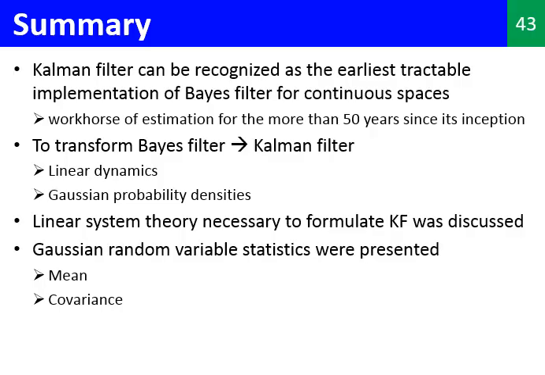So we studied linear system theory necessary to formulate the Kalman filter, and next we discussed some of the important statistics regarding Gaussian random variables. So with this lecture, we went through all the supporting material required to formulate the Kalman filter, and now we are ready to take the next step towards the Kalman filter in the next lecture. Thank you.